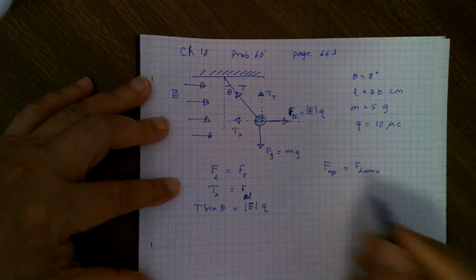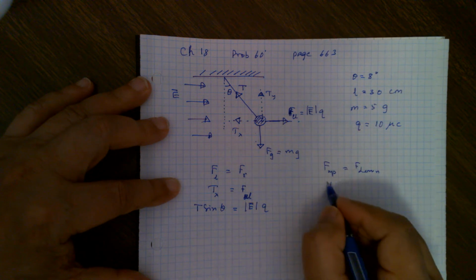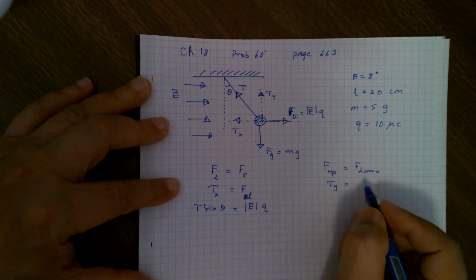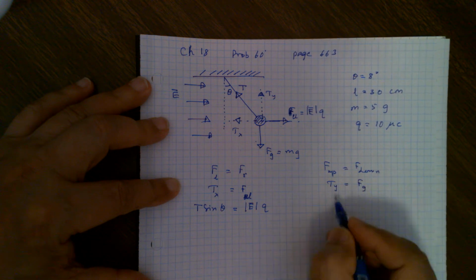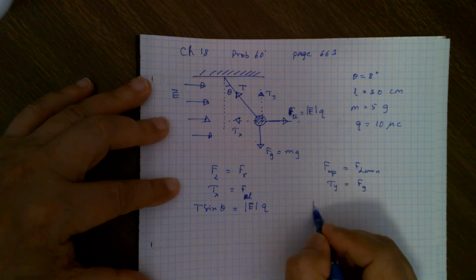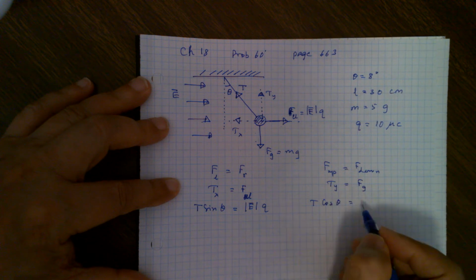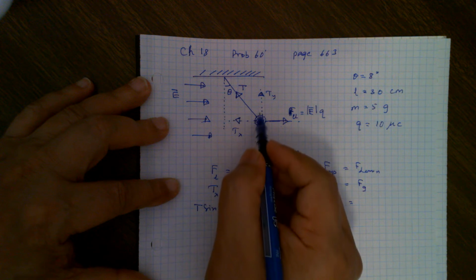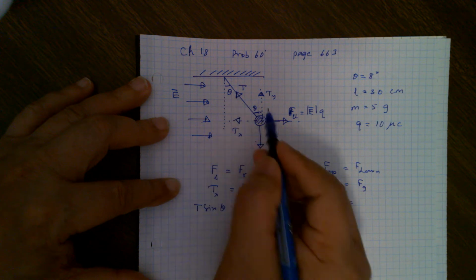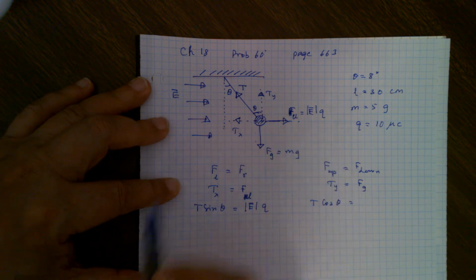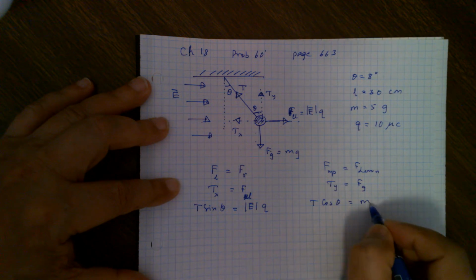Now what about this one? Forces pulling up is Ty, and forces pulling down is the force of gravity. And Ty is T cosine theta, because this is theta, then you can see that this angle is also theta. This is T, so this is T cosine theta. And F gravity is just mg.